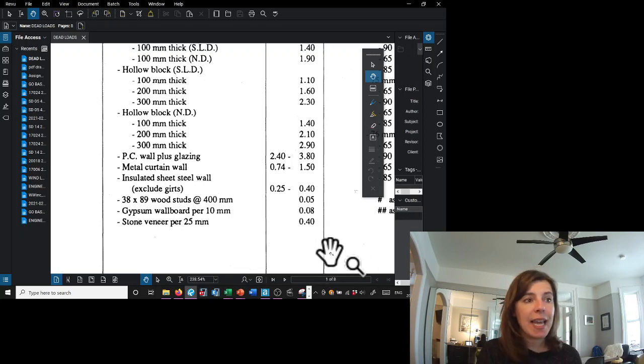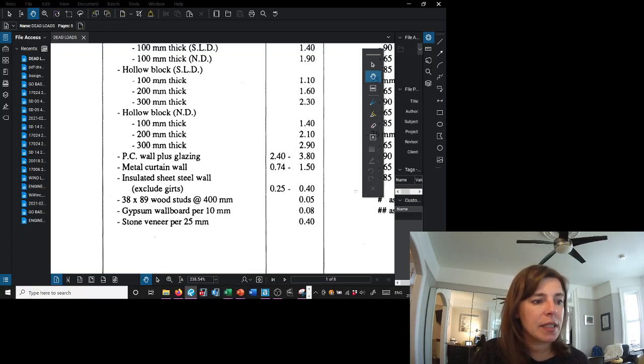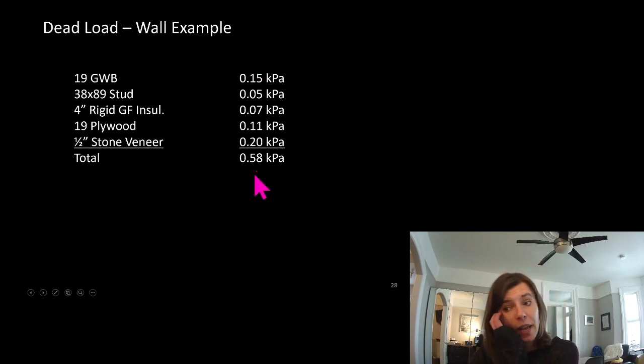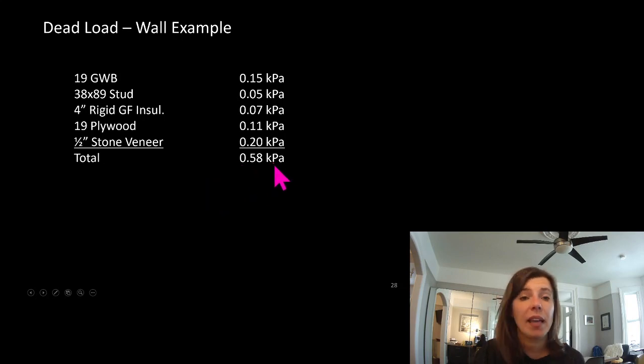Or if you wanted to say it this way, 0.4 times 12.5 divided by 25 is 0.2, or half of 0.4 is 0.2. So let's come back to our listing. All right, we saw all of these, we pulled all of these out, and the total is 0.58 kPa.